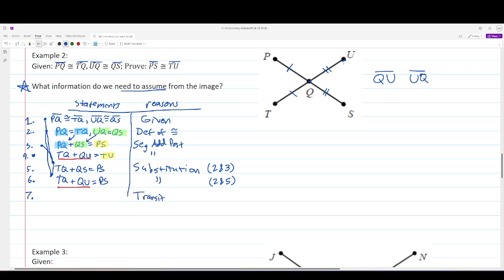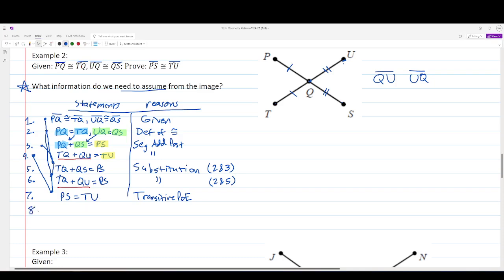So transitive POE, and we're linking together step number 4 and step number 6. And the result is that TU is equal to PS, but I'm going to write it the other way because our prove statement wants us to show that PS is on the left and TU is on the right. So by writing it this way, I can avoid using symmetric property later.